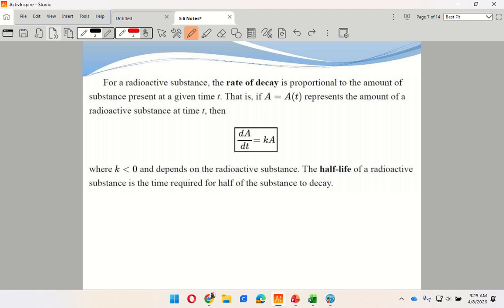The half-life of a radioactive substance is the time it takes for the substance to decay to half. That's important. Half-life means, how much of A is going to be left if I'm looking for the half-life? Half of A, right? There you go. Should be half of A.